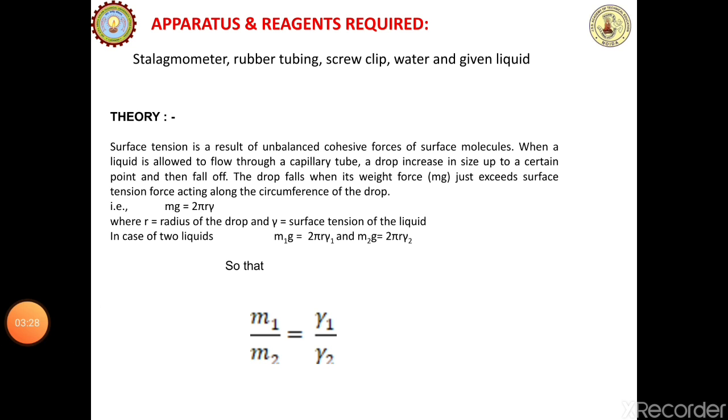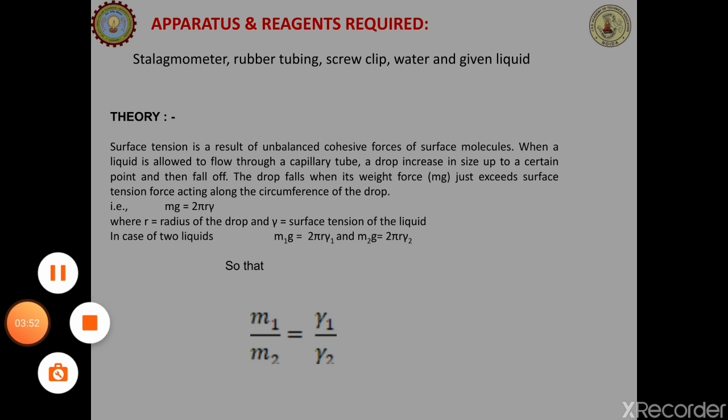This method was first described by Tate in 1864, who formed an equation which is now called Tate's law. That is W, the weight of the drop of liquid, is equal to 2 pi r nu, where r is the capillary radius and nu is the surface tension of the liquid.